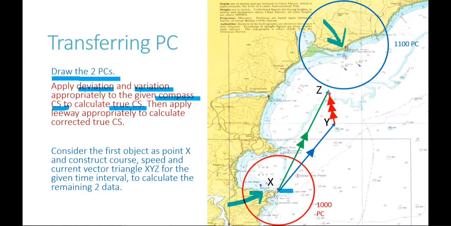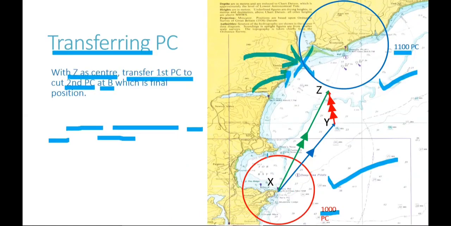From this position Z, we will now draw our transferred position circle. This Z position acts as the center of our transferred PC. From Z, taking a radius equal to the radius of the initial position circle, the red position circle, we draw our transferred PC.